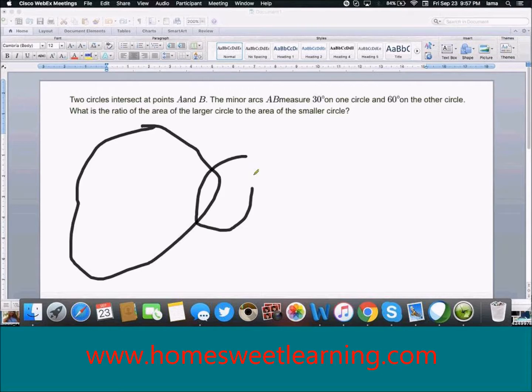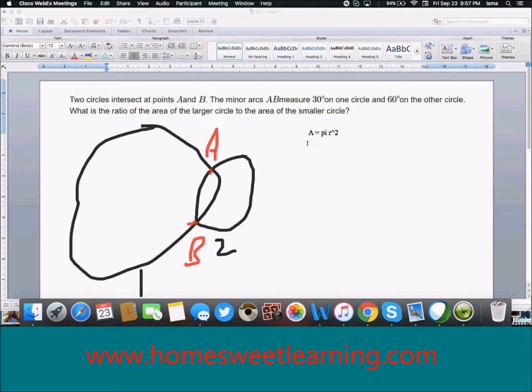Big one, small one. Circle 1, circle 2. All right, back to where we were. So we know that the area of a circle is pi r squared.